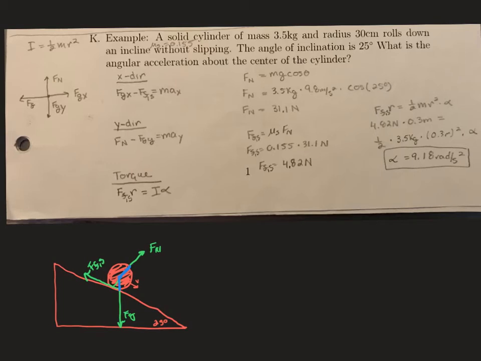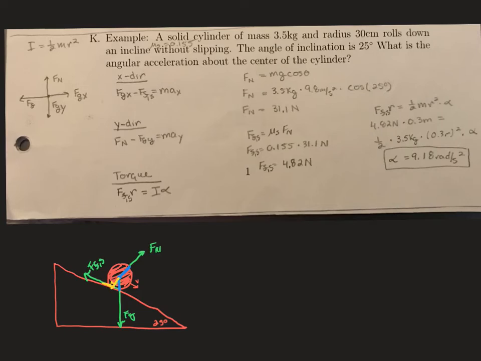What does cause a torque, and I'm going to pick a different color here just to emphasize it, is the force due to friction. So this is actually perpendicular in here. So that's why when you look up here, I have the force of static friction times the lever arm or radius of the circle equal to the moment of inertia times the angular acceleration.